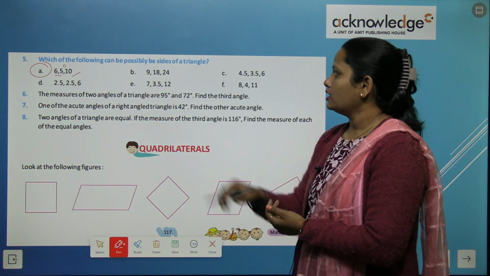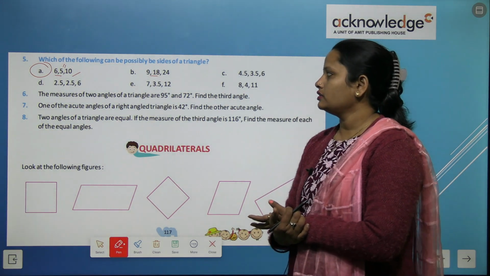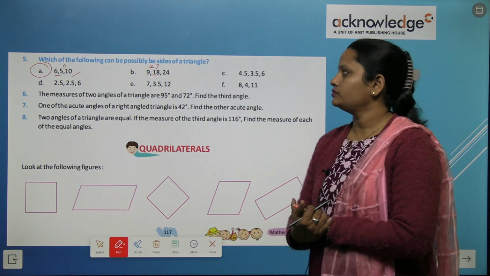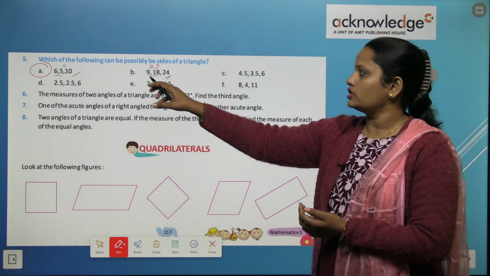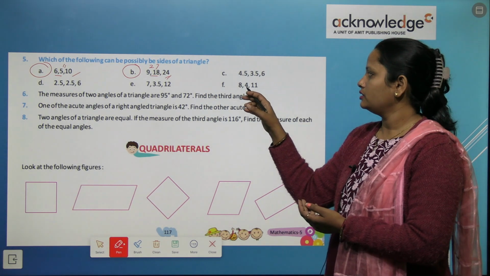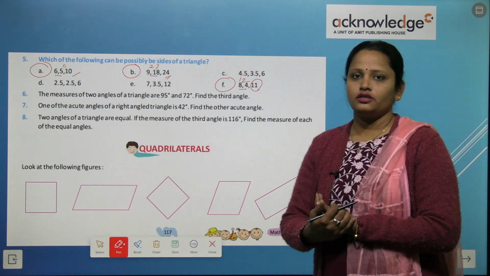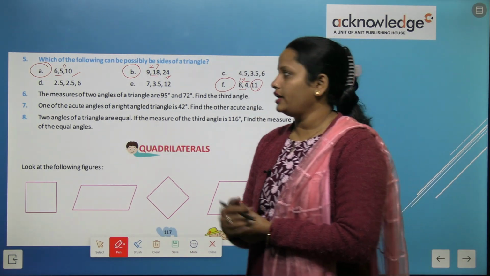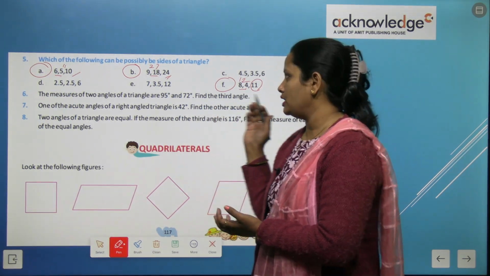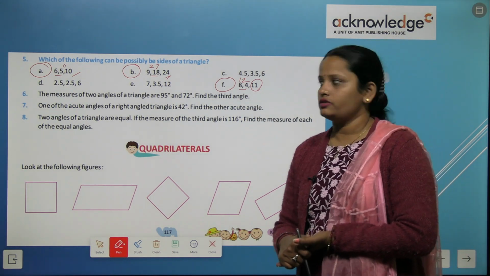Similarly, let's add these two numbers. अब इन दोनों को हम add करते हैं, so we will get 27. So it is greater than 24. So this is also a triangle. Similarly, let's add this one. 8 plus 4 is 12. It is greater than this. So this will also become a triangle. Similarly, you have to add the rest of the numbers and you will see अगर वो bigger है जो remaining number है तो you will get a triangle, otherwise it's not a triangle.